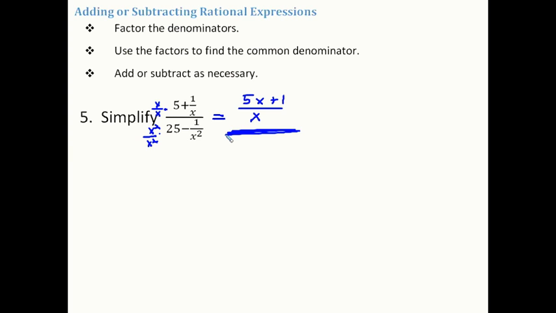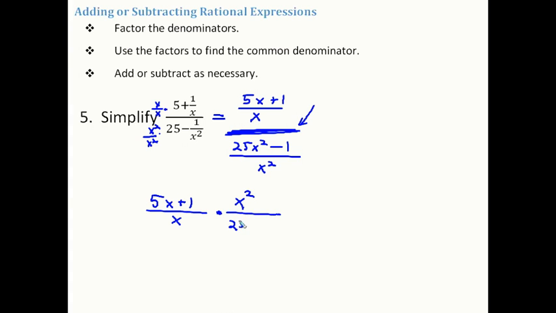In the denominator, we have 25x squared minus 1 over x squared. And now we can think division. We have this fraction, which means division. We can think we have our numerator 5x plus 1 over x, and division is the same as multiplying by the reciprocal. So this will give us x squared over 25x squared minus 1.